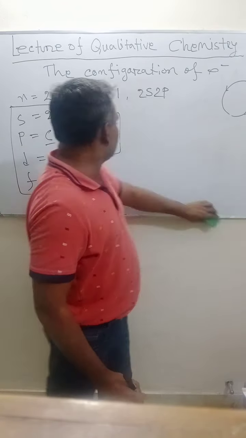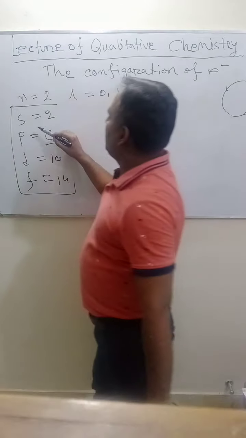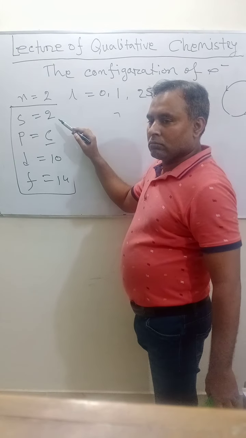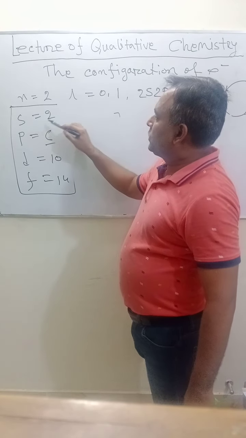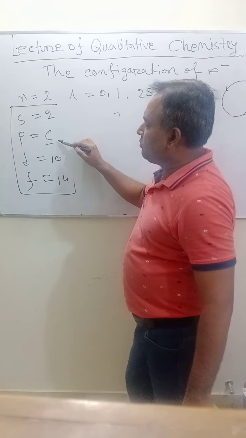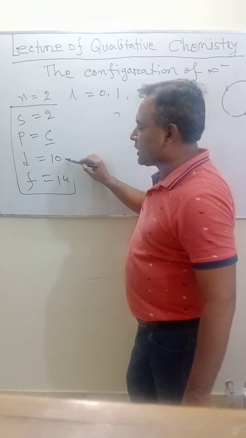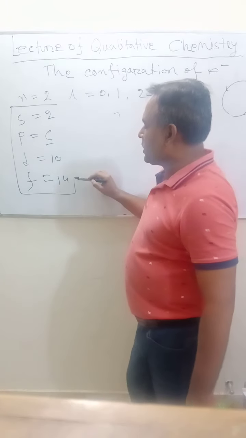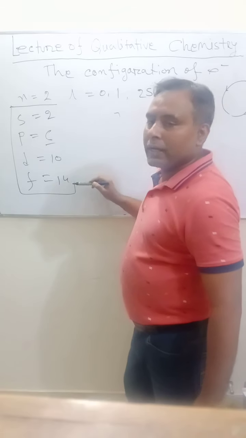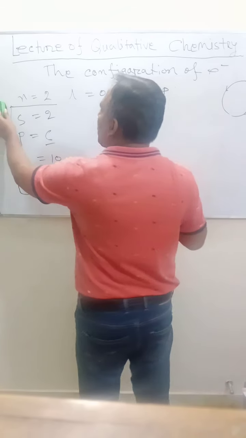You have to memorize that in the s subshell maximum 2, p subshell maximum 6, d subshell maximum 10, f subshell maximum 14 electrons can be occupied.